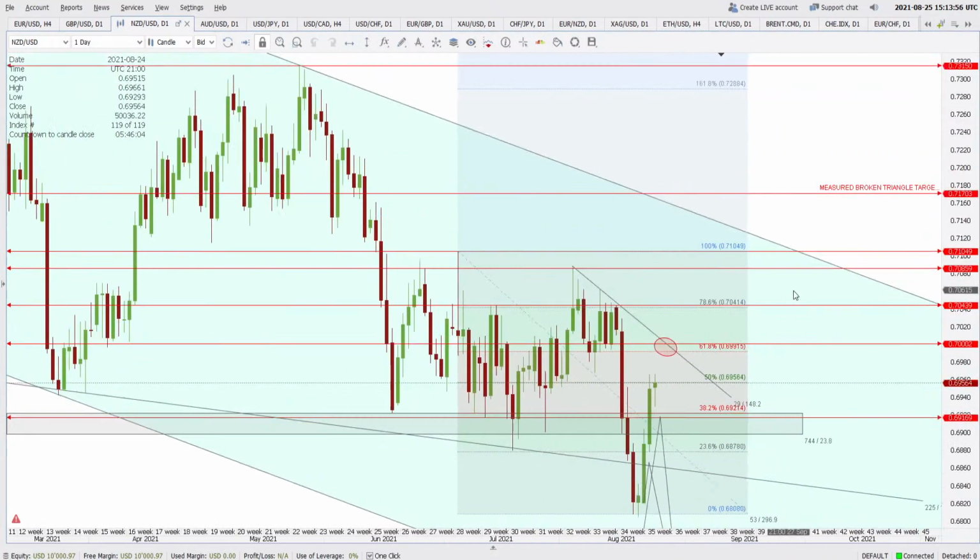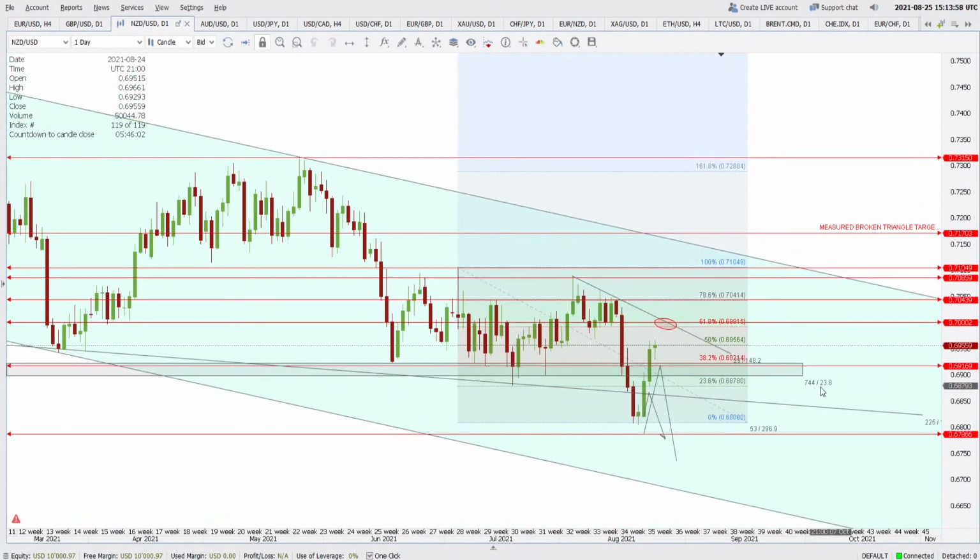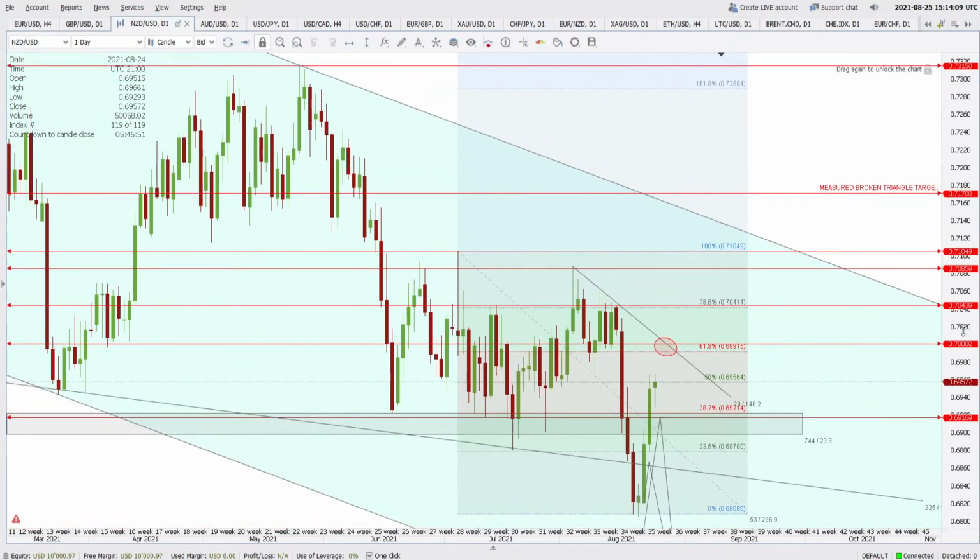For the New Zealand dollar, okay, we were bullish on this one, but after a breakdown below 0.6916, we are bearish. Now we should be looking for a selling opportunity in this one, if we get a resistance at around 0.7000, which I am expecting actually to happen.